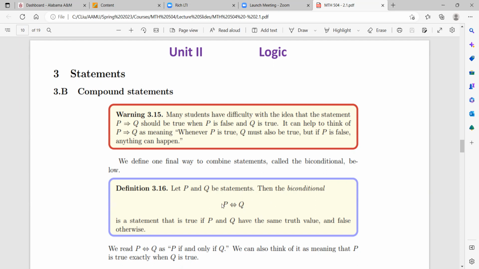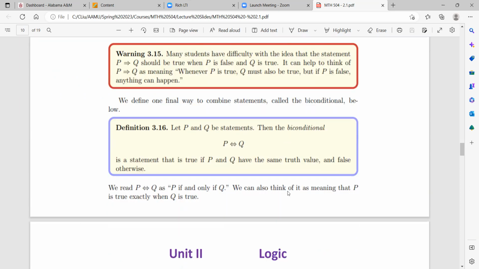So how do you know this biconditional statement is true? Whenever P and Q have the same truth value, either P and Q both are true, or P and Q are both false, then the statement is true.